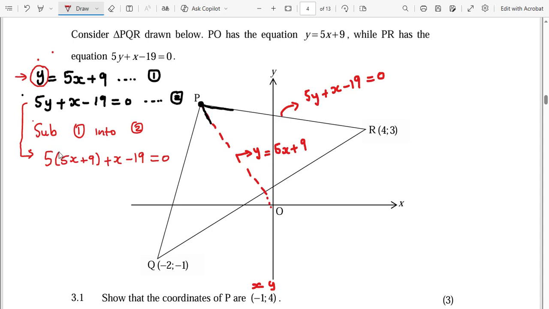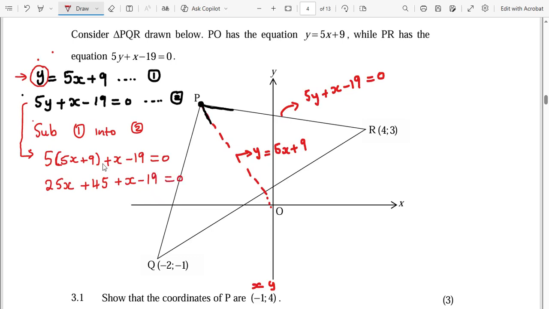I'm going to multiply everything inside this bracket by 5. So 5 times 5 is 25x, and 5 times 9 is 45. So this will be plus 45. We still have plus x, we still have minus 19.